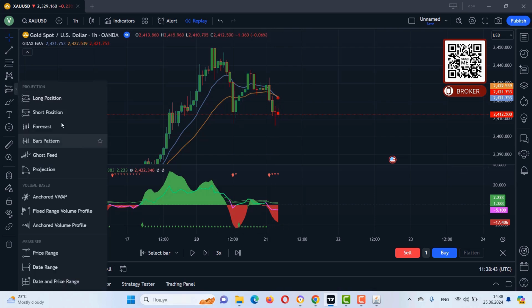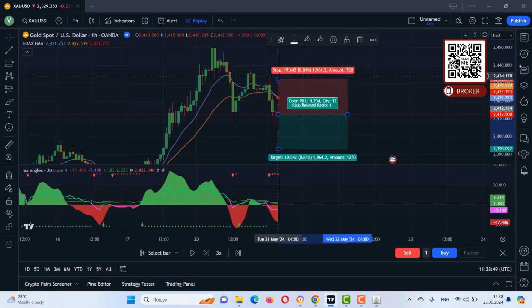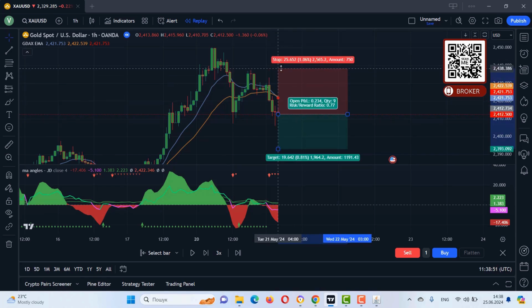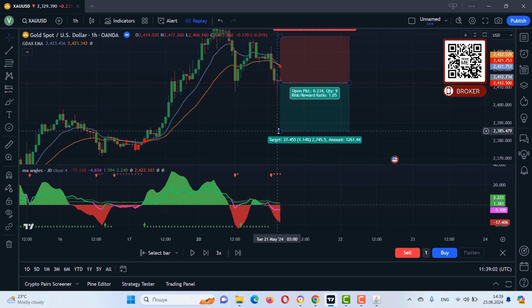Set a stop loss. Let's elevate it slightly above the previous peak, right here. And take profit.